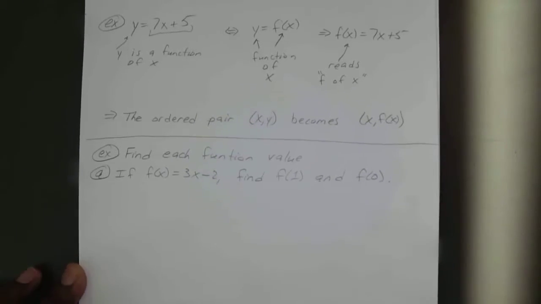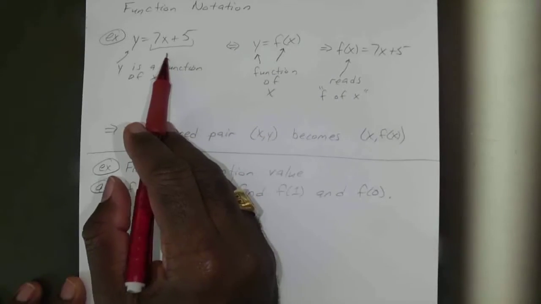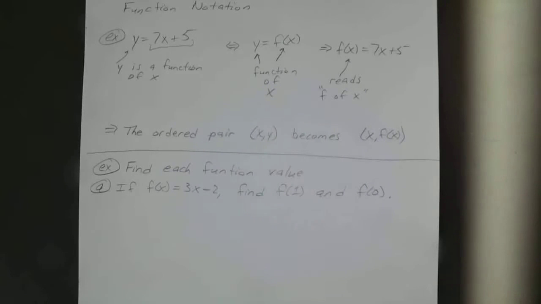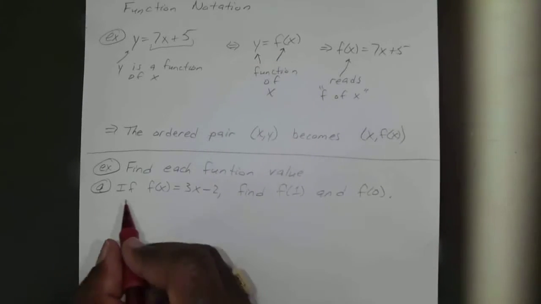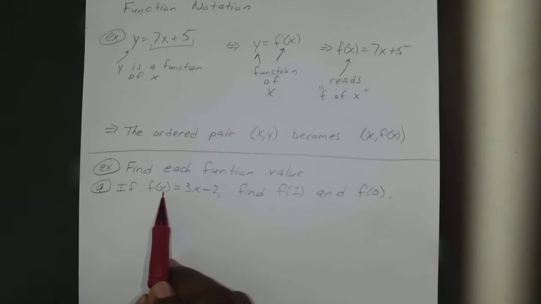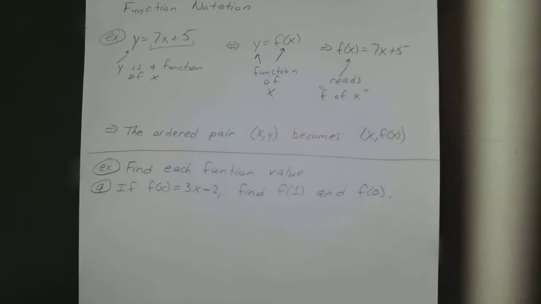Okay, so if you remember when you had this here, you would always say, okay, if x equals 1, y equals this. If x equals 2, y equals that. If x equals 3, y equals that. This is the exact same thing. The only difference is you just put your 0, 1, and 2 right in there. And that tells you to replace every x with that value.